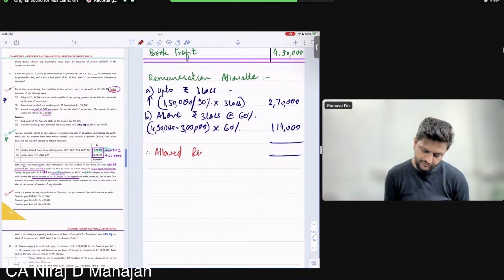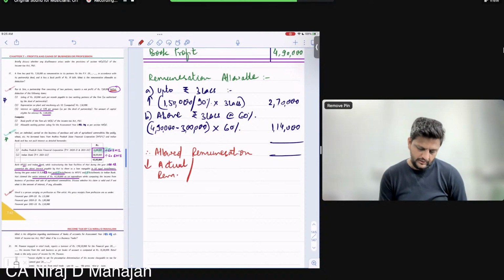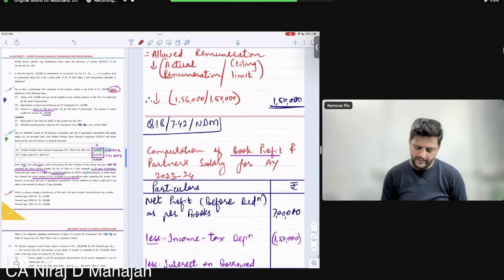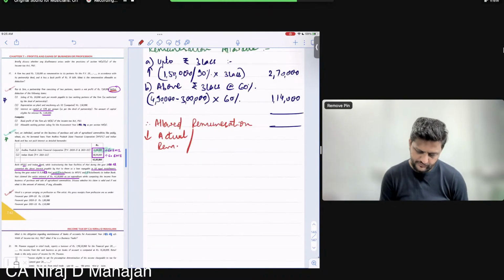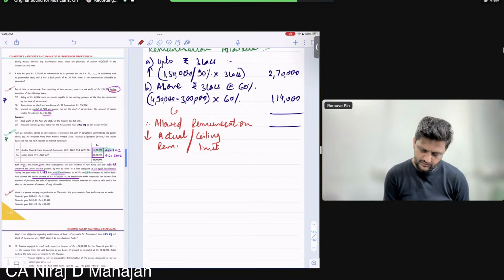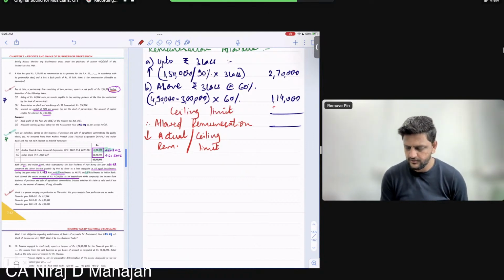I keep on forgetting, but you don't forget. Is what? Lower of actual remuneration and ceiling limit, sorry. Ceiling limit is, bachcho, 3 lakh 84,000. है ना बच्चों?